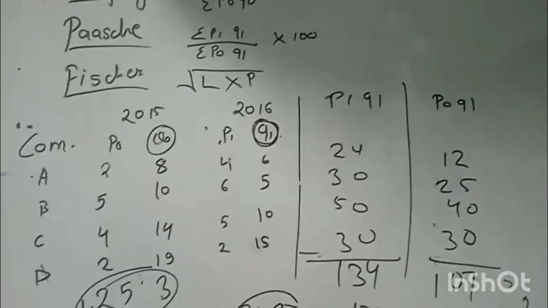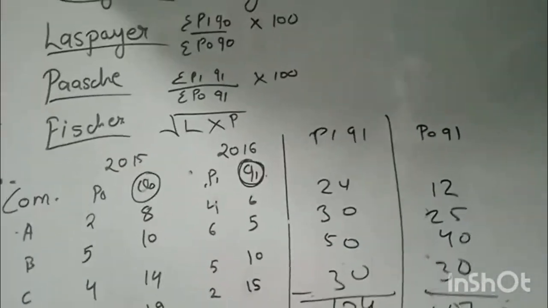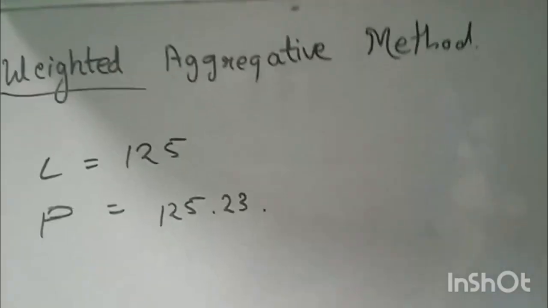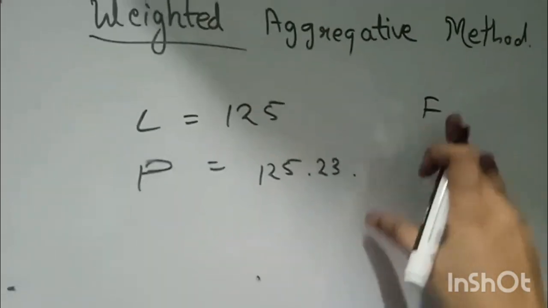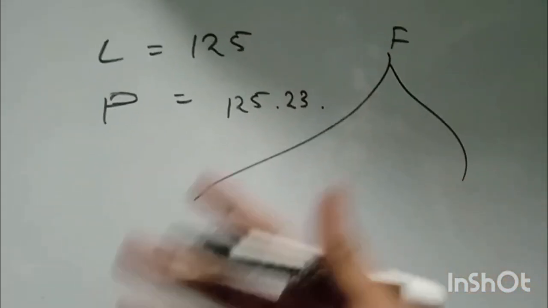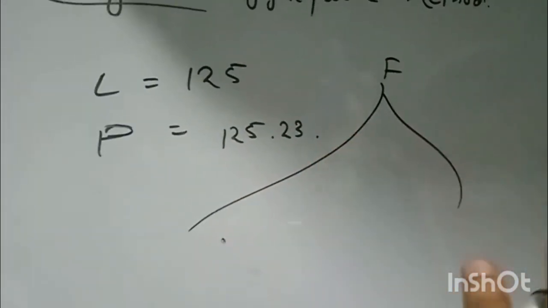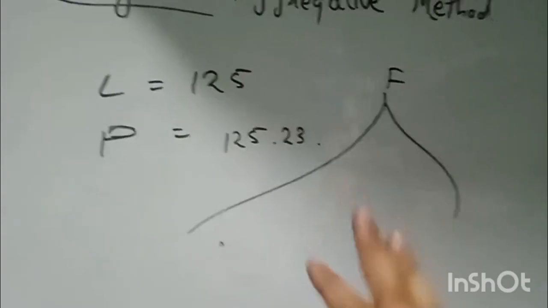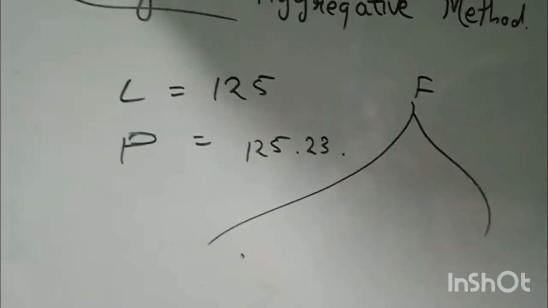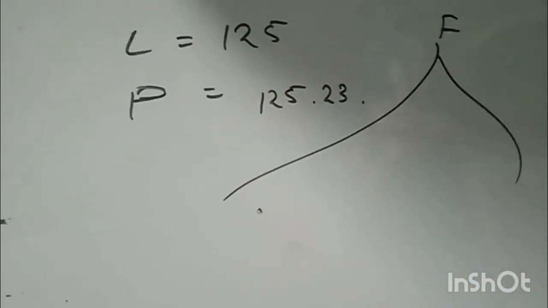Now let's solve it using Fisher's method. So we have got our answers using Laspeyres' method and Paasche's method as these. Now, how do we calculate Fisher's method? There are two approaches to it. These are not different at all, but just alternative approaches to each other. One I consider more difficult and the other more simple.